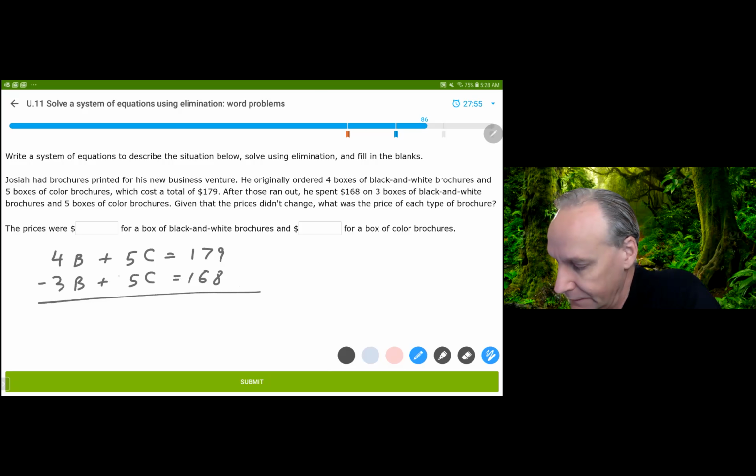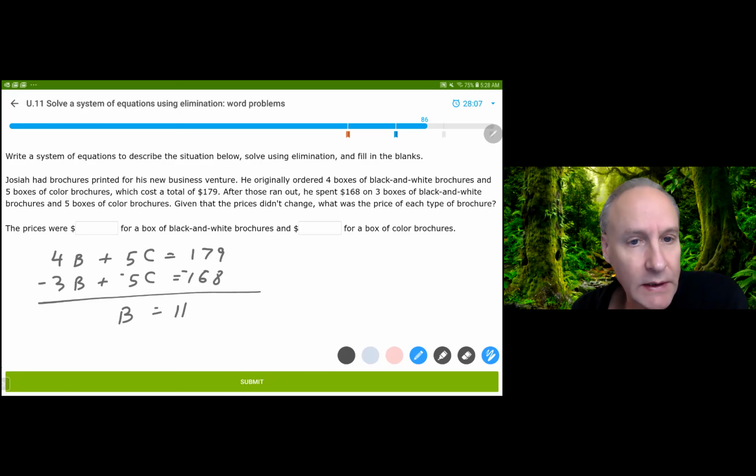Oh, how nice. Just change the sign and we have our answer, which happens to be, looks like 11, doesn't it? It sure does. So each black and white brochures boxes are $11 each box.